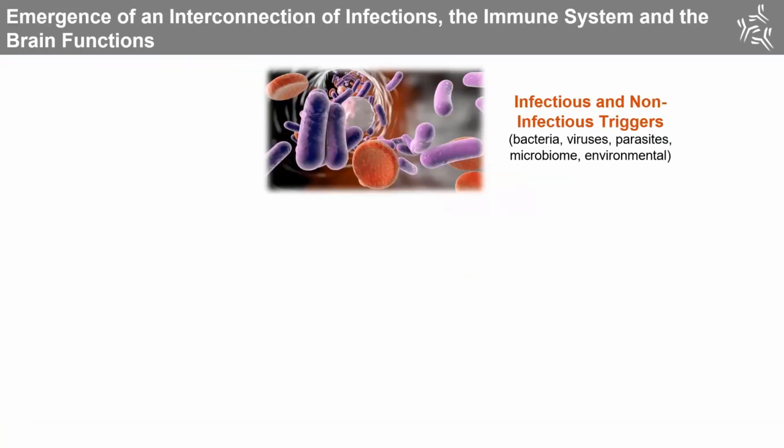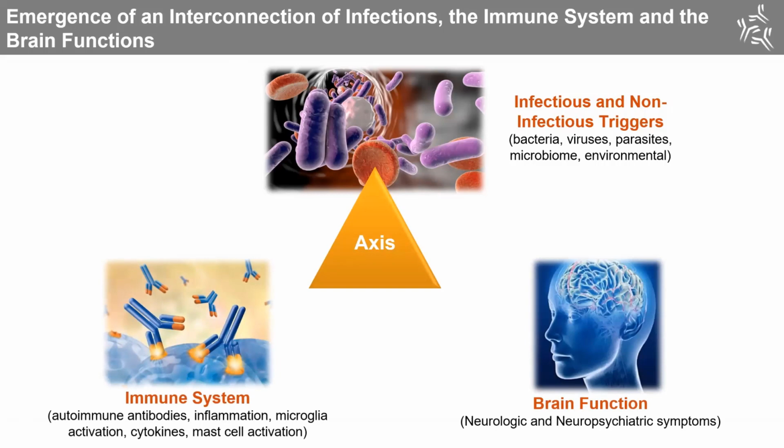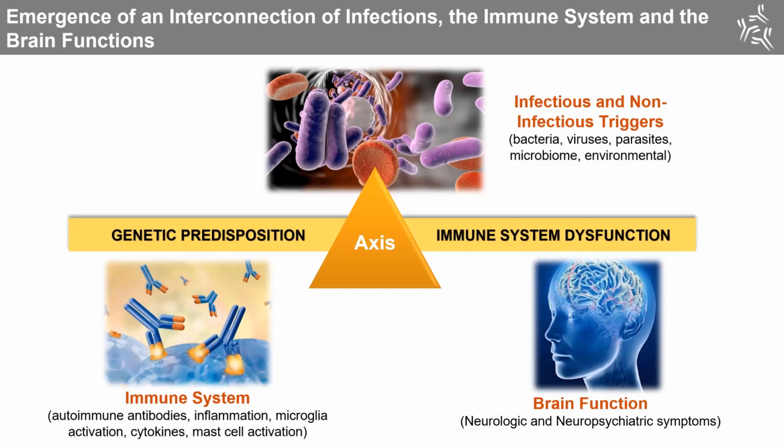What that, in a summary fashion, is showing us is that there is an interconnection between infections, the immune system, and the brain functions. And these can be from bacteria, which we'll talk a little bit about, strep, some of the viruses, as we know, SARS-CoV-2 or COVID, and the immune system response. In this case, autoimmune antibodies, inflammation, microglial activation, cytokines, mast cell activation, and then the interference in the brain functions, all in the context of a genetic predisposition to an immune system dysfunction.